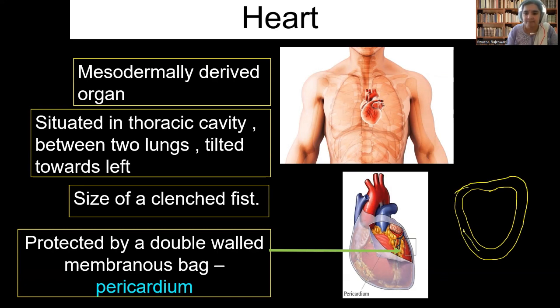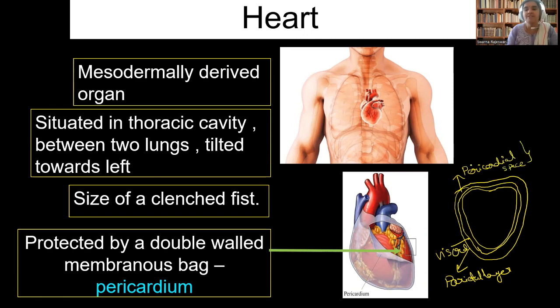The outer layer we call the parietal layer and the inner layer we call the visceral layer. In between these two, we call it the pericardial space, which is filled with a fluid called pericardial fluid.